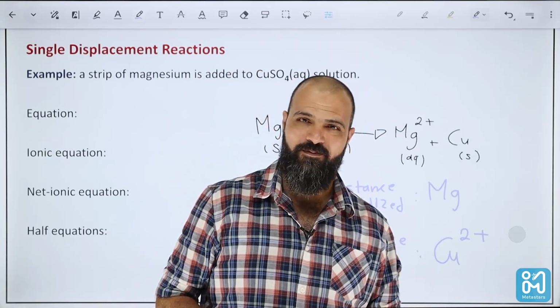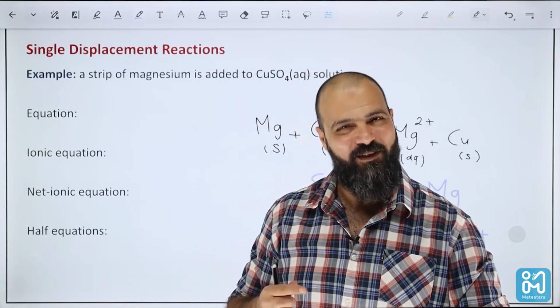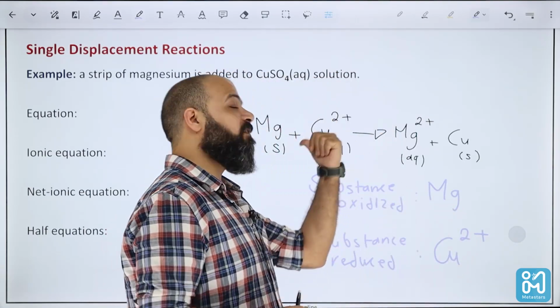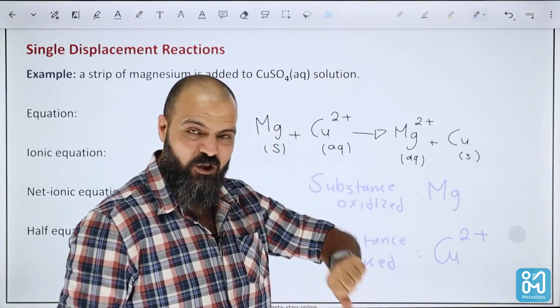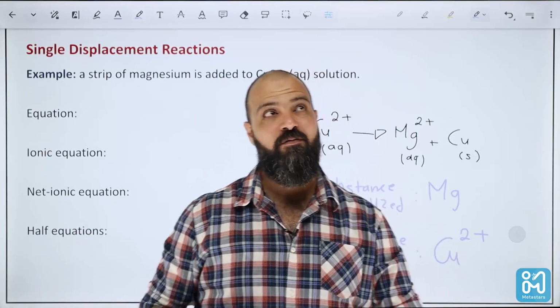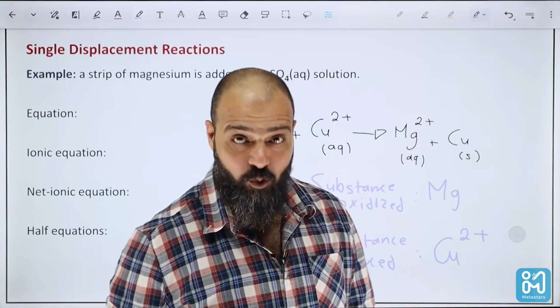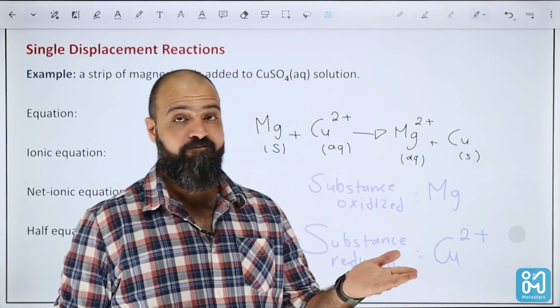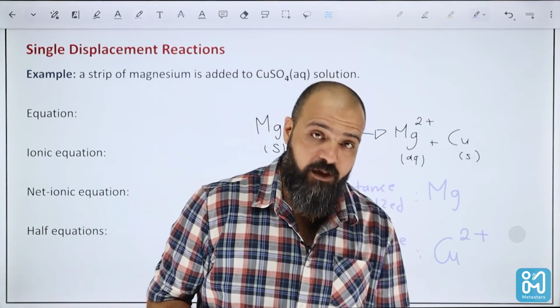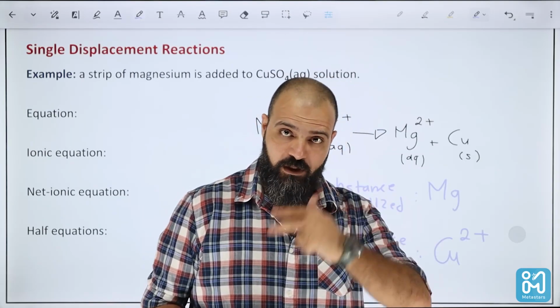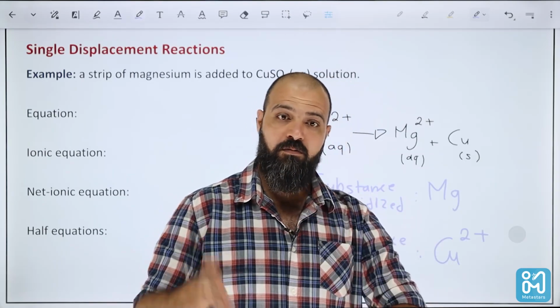One more sentence: magnesium is oxidized because copper ions gain electrons. So we could say copper ions are the reason why magnesium gets oxidized.